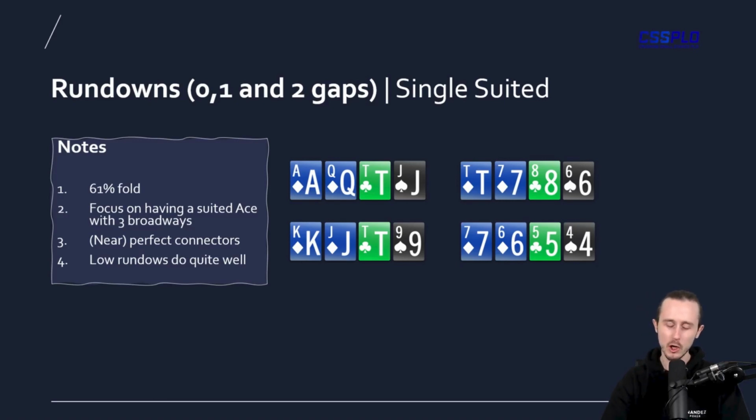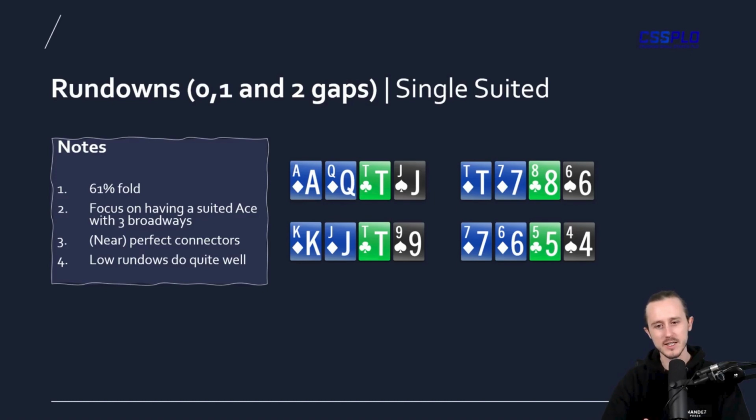So a low rundown doesn't do that poorly here, because if we hit a piece of the board, we do very, very well here. And we have also easy decisions if the cards on the board become very high, where we can easily fold. So those hands do pretty well here and should be called.